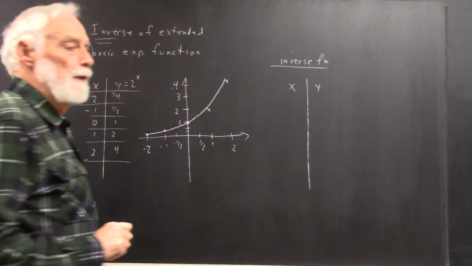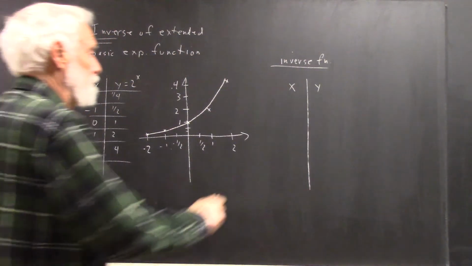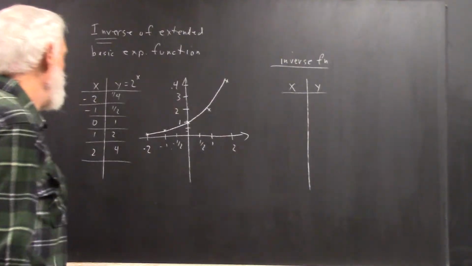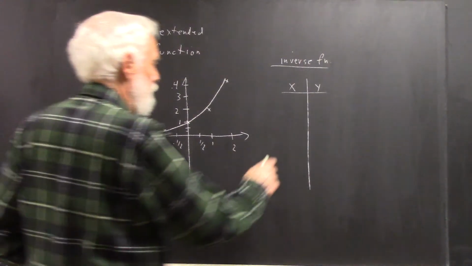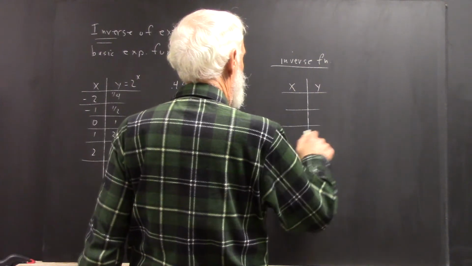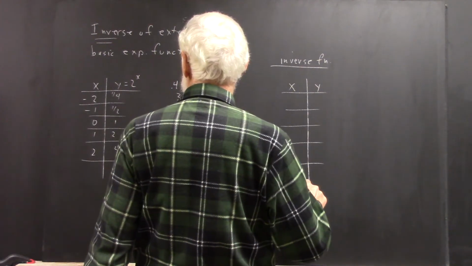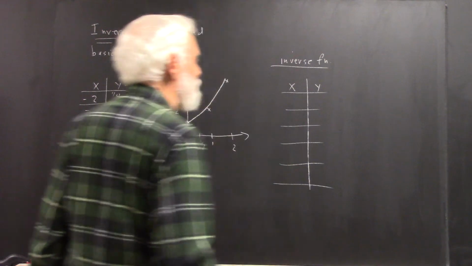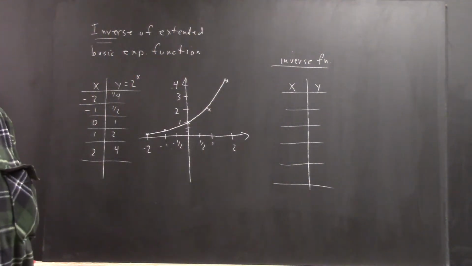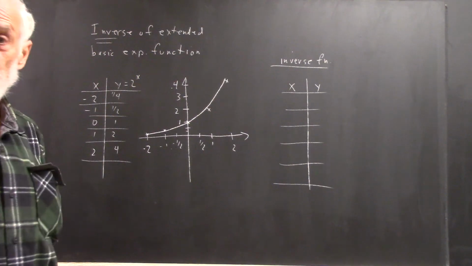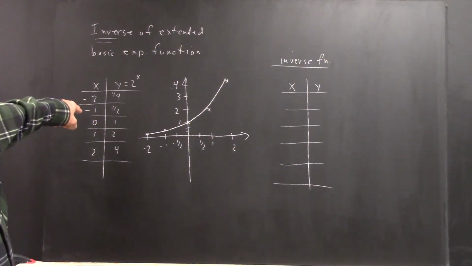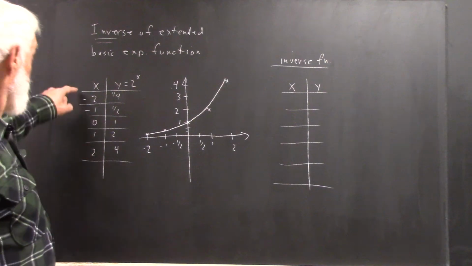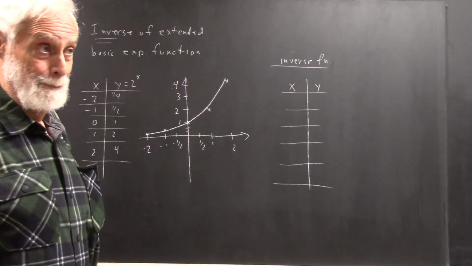Now, we stop there for a minute. Yeah, we put a line here, okay? And we go ahead and make 1, 2, 3, 4, 5 lines across here. And we write down the numbers that we have here, except the numbers that are in the first column go in the second column.